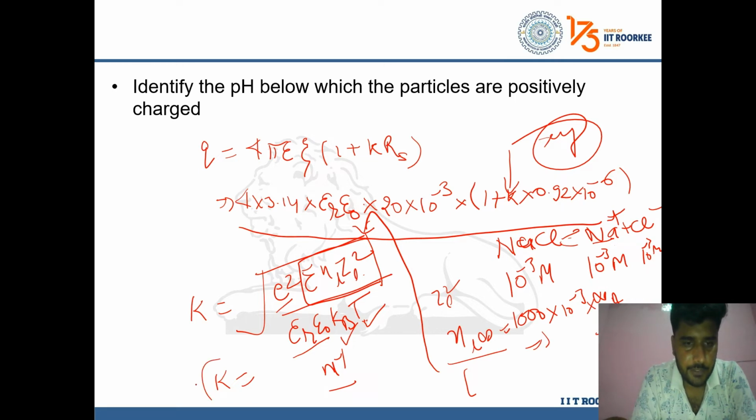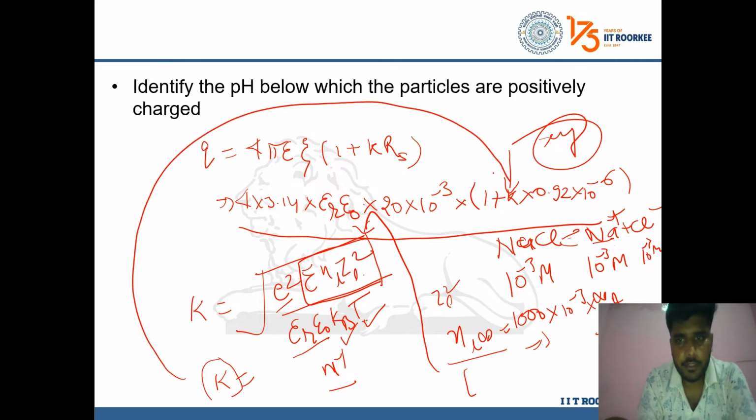After getting the value of kappa, you have to put that particular value here. Some terms will cancel out, like if you are getting x into 10 raised to power 9 meter inverse.